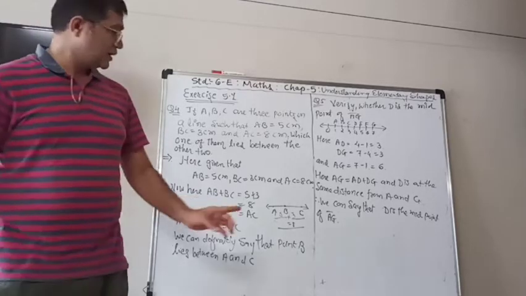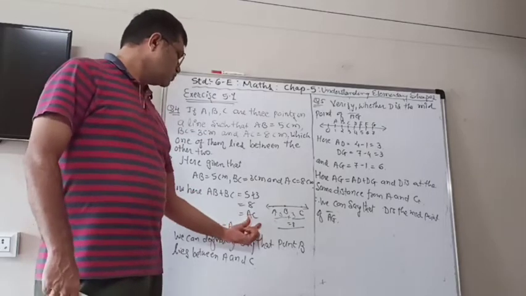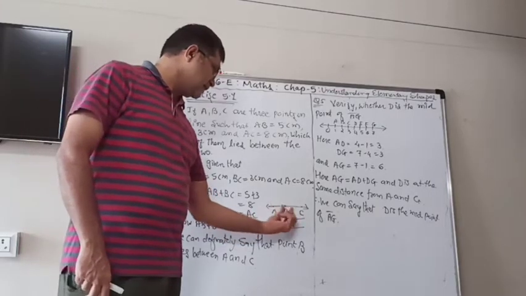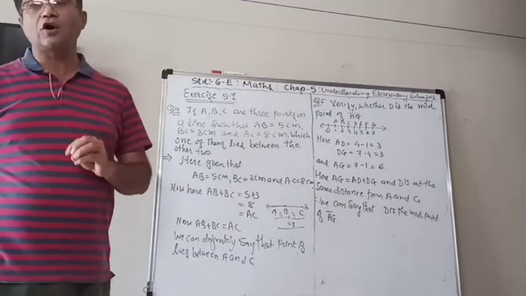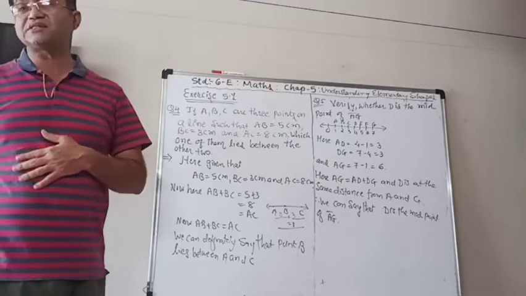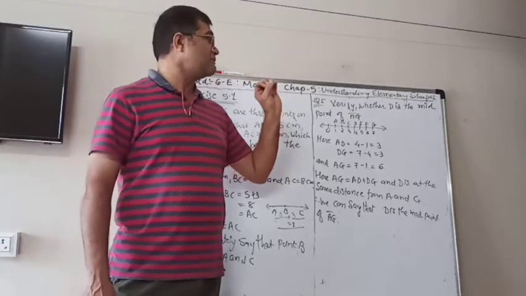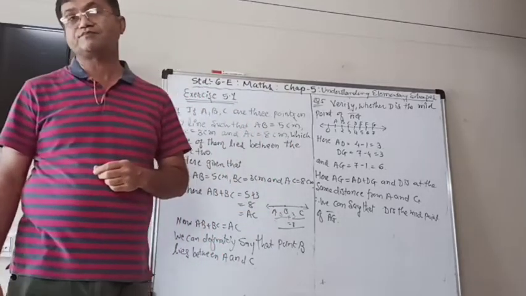Then that is the line segment. So AC will be like that and B will be in the middle of the other two. Now question number 5 says to verify whether D is the midpoint of AG.